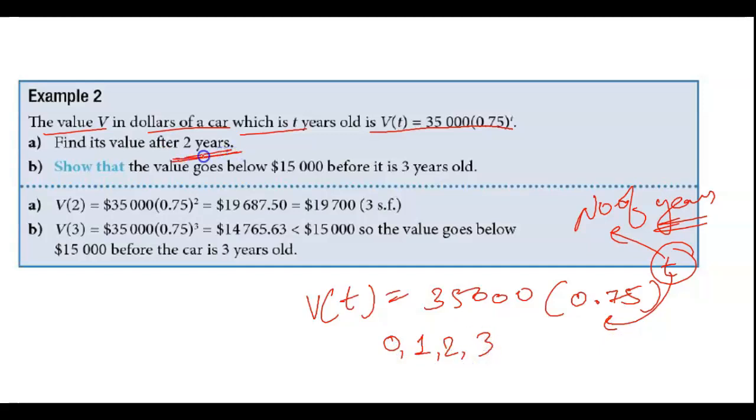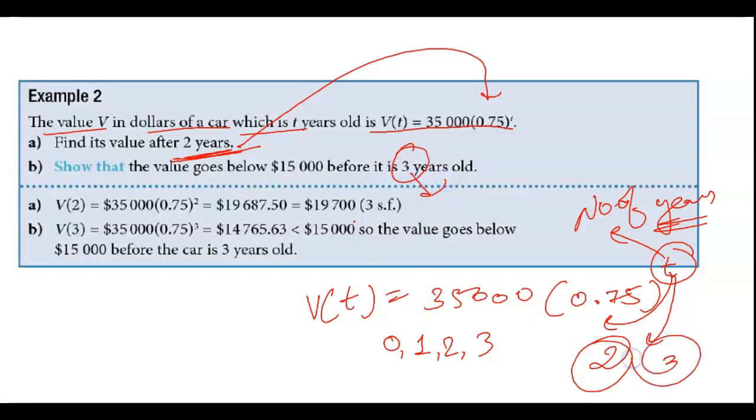They have asked for 2 years, so I will directly substitute the value of t as 2 over here, and then the value of t as 3. When I substitute t as 2, my answer is approximately $19,700. And when I substitute t as 3, my answer is approximately $15,000.